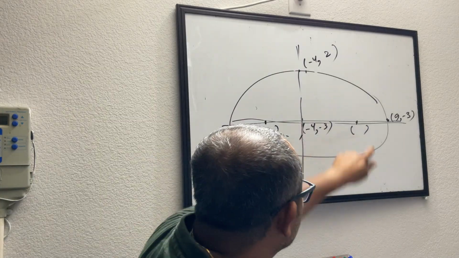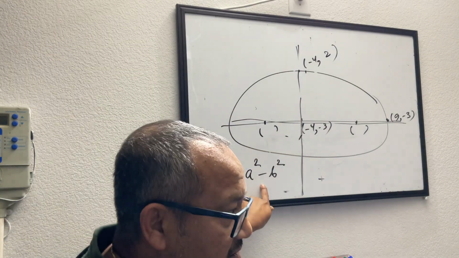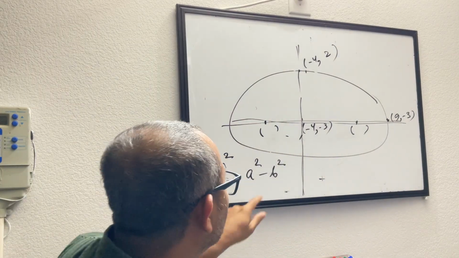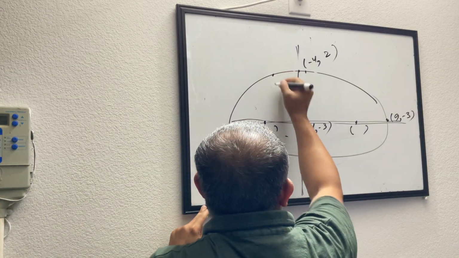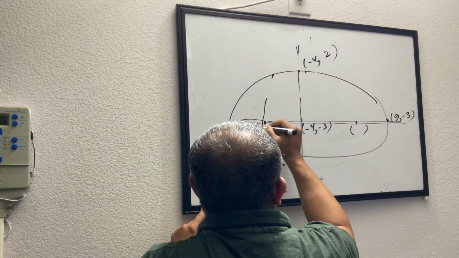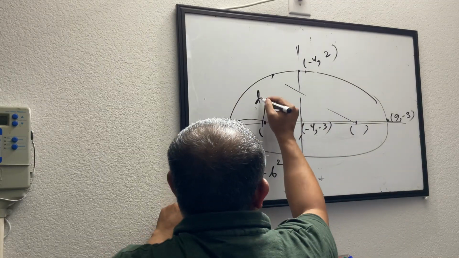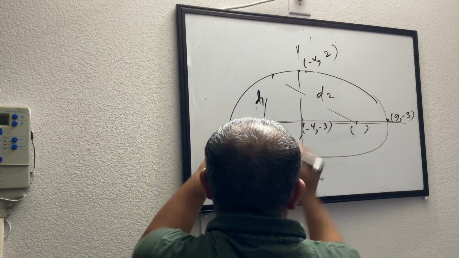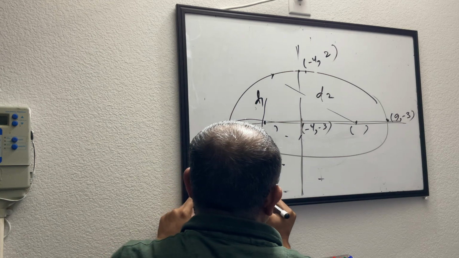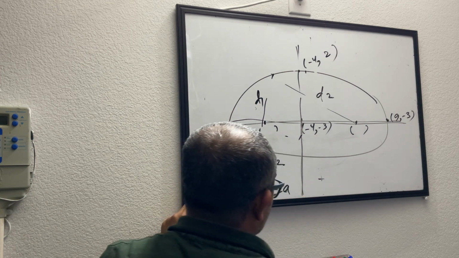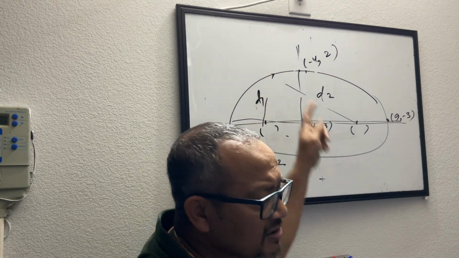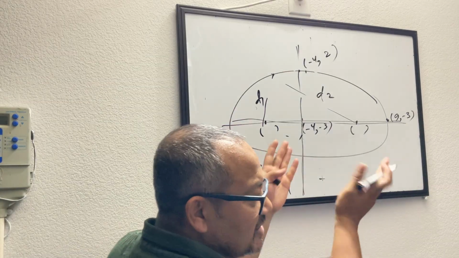Now, what is this distance? This is what we learned, right? We also know that for any point you pick on the perimeter, add these two distances, d1 and d2, the sum of these two is equal to 2 times the major radius. But this information is not needed right now. This is just to recollect.